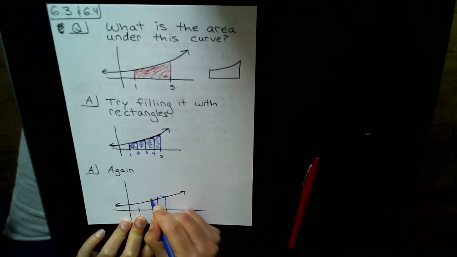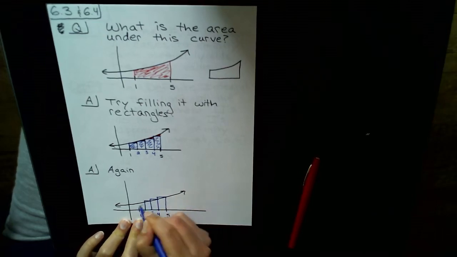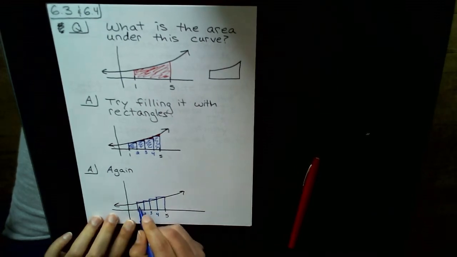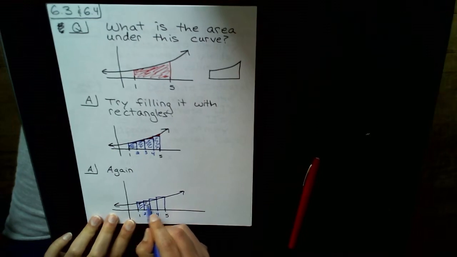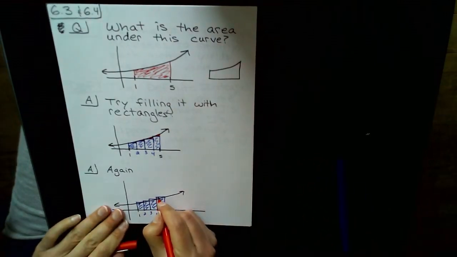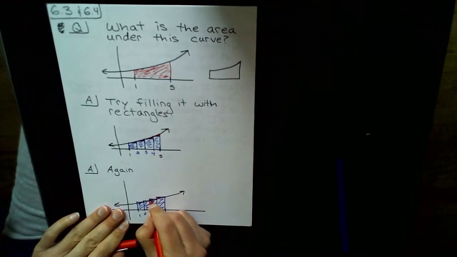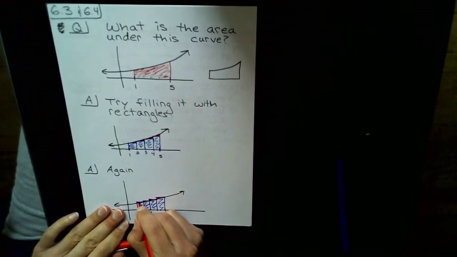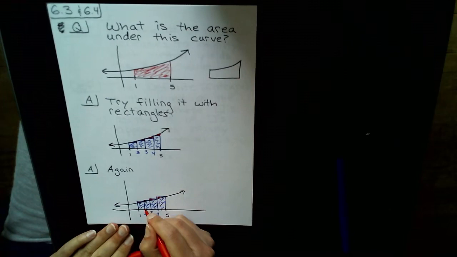Start from the graph, go to x equals 3, start from the graph, go to x equals 2, and then finally from 2, go to x equals 1. And if we add all of this together, you can probably see what the issue is in this case. We've now overestimated the area. We are adding more than there actually is.